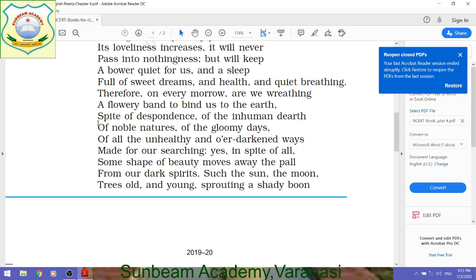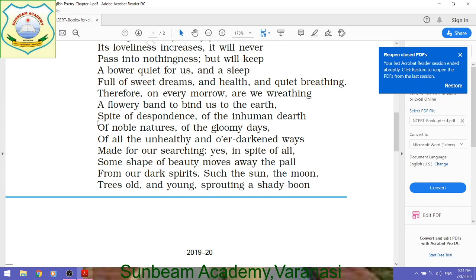But finally the poet says that even though we have heard so many stories, so many tales which we have read or heard, the beauty present on the earth in nature is even more beautiful than the stories which we have read or heard.